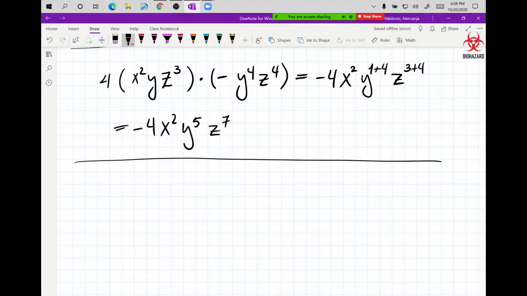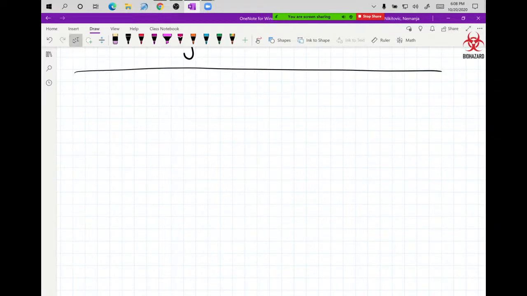I'm not sure if you wondered why this works without us actually going and working the terms out. I don't want to dare call it a shortcut because it's a rule of the exponents, but why does it work? Let's take a look at the very basic example of x cubed times x to the 4th. We know that the rule says add them and you get x to the 7.